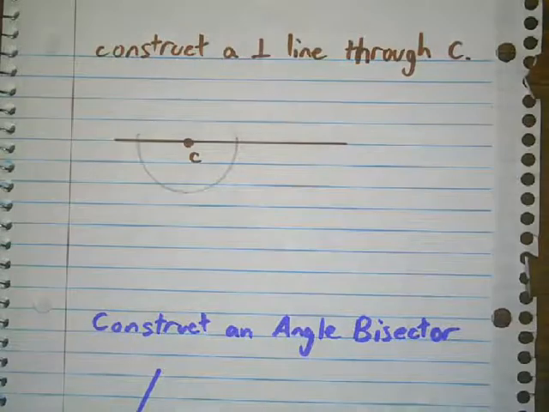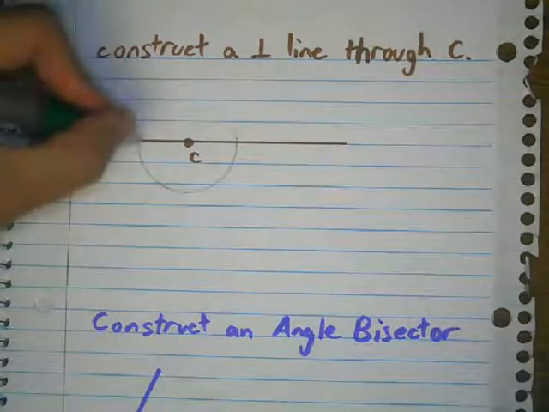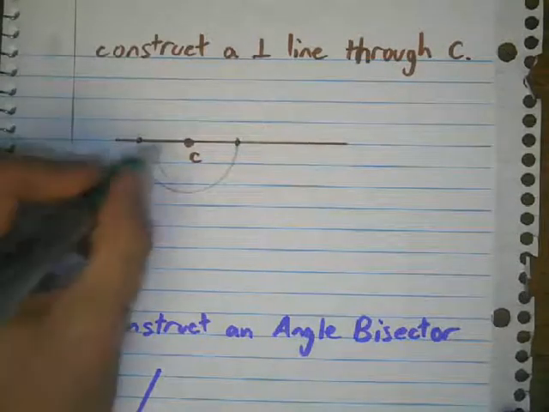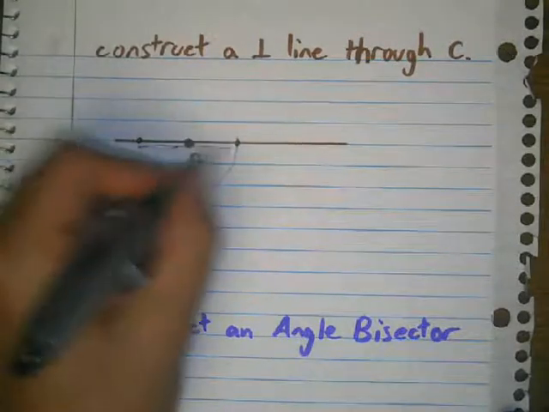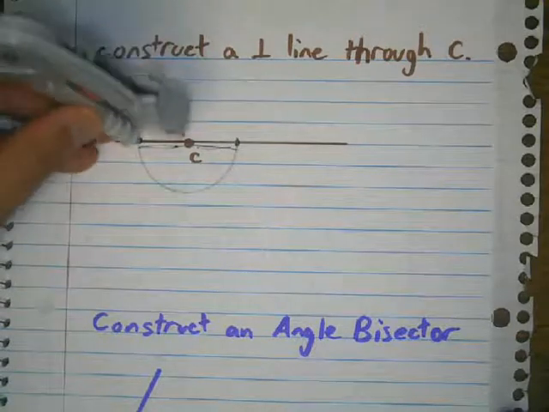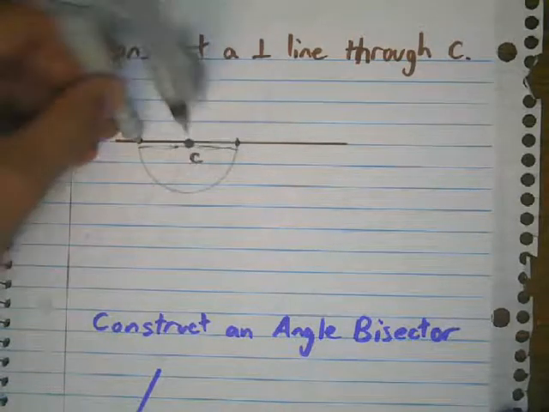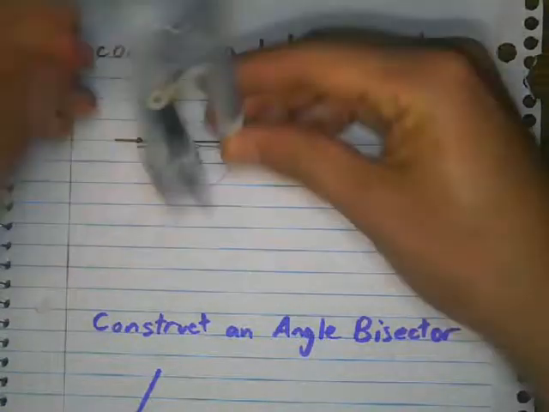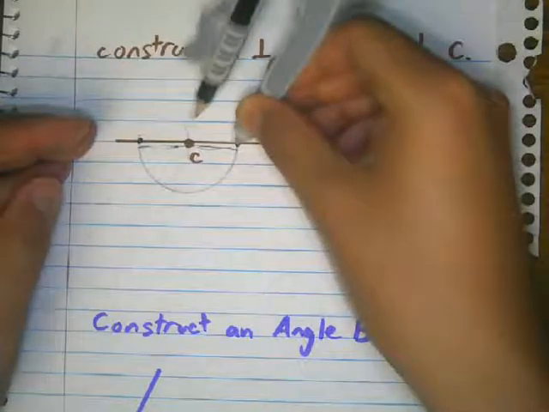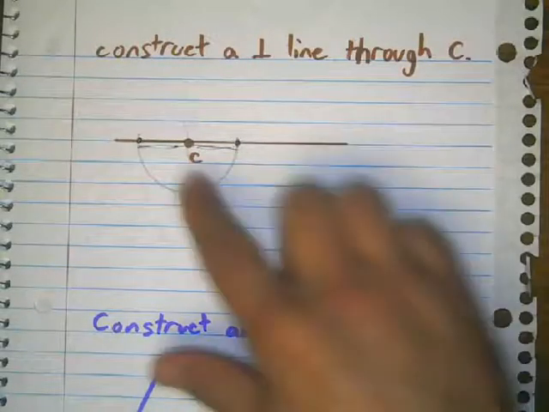Now, the reason I did this is I needed a point on either side of C that was the same distance from the center. Now, I'm going to draw an arch, but if I drew an arch from this point with the same radius and this, I need it to intersect at two places so that I can get a perpendicular line.